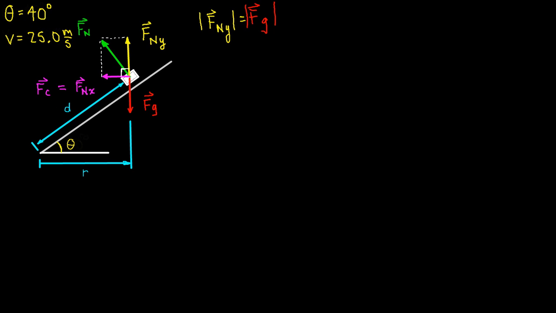Well, that leads us very quickly to the fact that the magnitude of vector Fny is simply calculated by doing this, the mass of the vehicle times g. And in this case, I'm just going to call g positive because we're talking about the magnitude of the force.